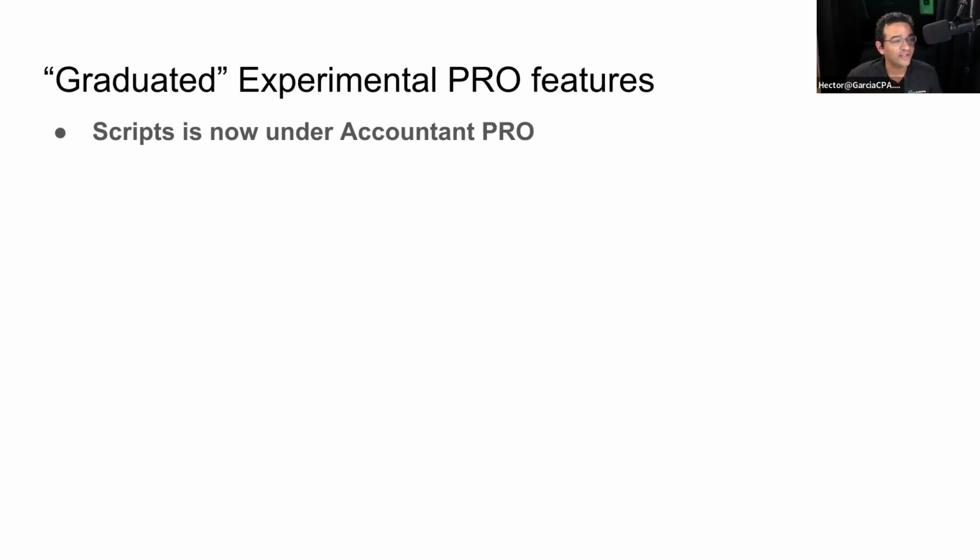So we graduated a feature that was in experimental, and we moved it to Accounting Pro. Scripts, and you have to go back and watch those videos to see how that works. Script is the nerdiest tool inside RightTool, which Mark literally designed just for me, because I've been asking ChatGPT to build some code for me. I wasn't going to say out loud that it was just for you, but yeah.